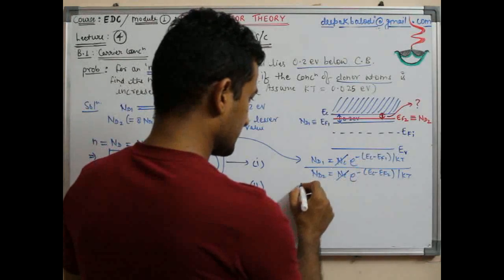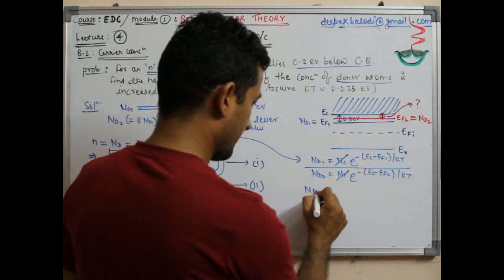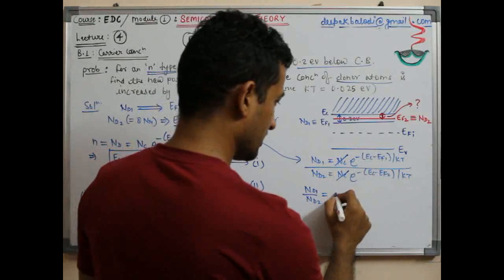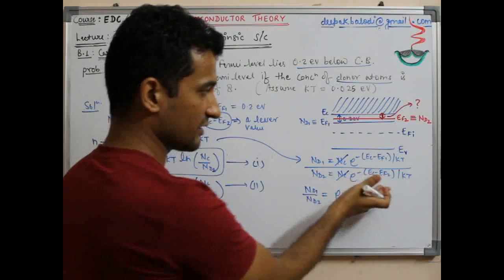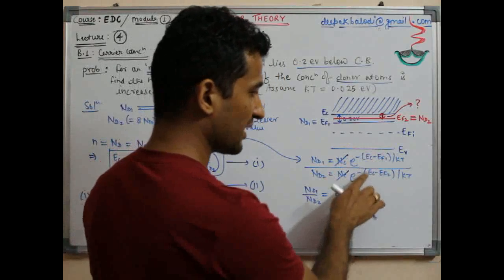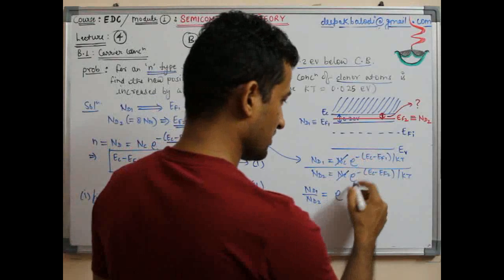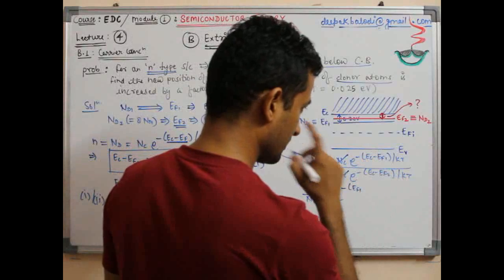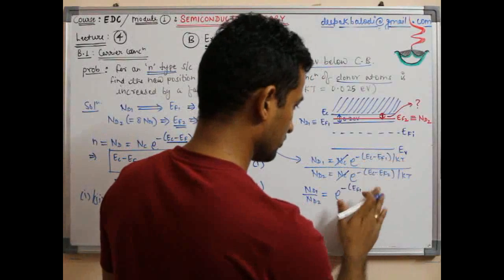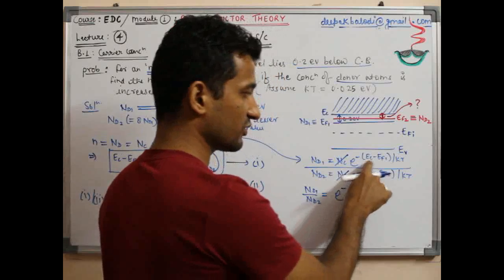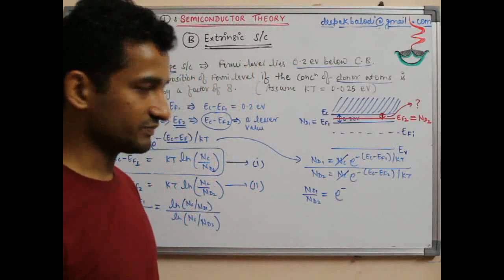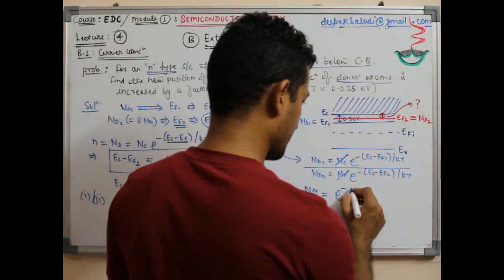So this gets cancelled. ND1 by ND2 is equal to e to the power. Now if it goes up, minus EC plus EC gets cancelled, and minus EF1, or even if we try to write, we should not make it cancel because what value we only know is EC minus EF1. So let me write it like this.